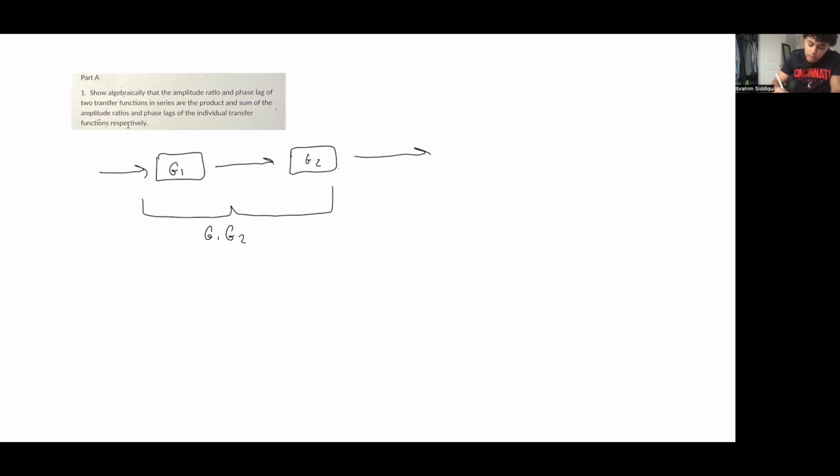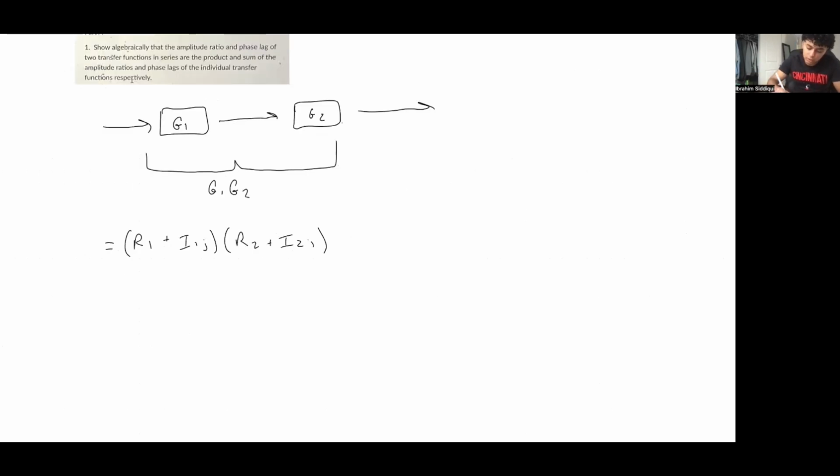For our first transfer function, it's R1 plus I1 J, so real plus imaginary multiplied by J. And this is going to be multiplied by our second transfer function, G2, which is R2 plus I2 J. Now we want to multiply these together, distributing it out.